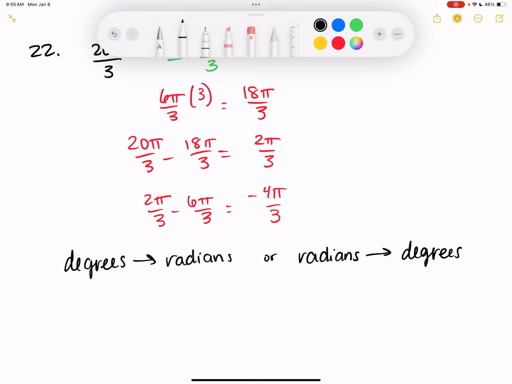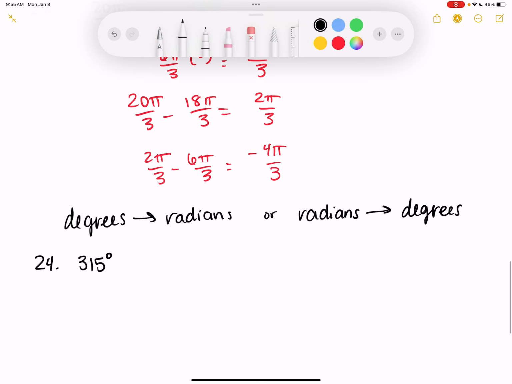So 24. 315 degrees. And I want to go to radians. So the conversion factor that you should have in your notes is pi over 180 or 180 over pi, depending on which thing you're dealing with. So if I'm going from degrees to radians, then it's going to be pi over 180.